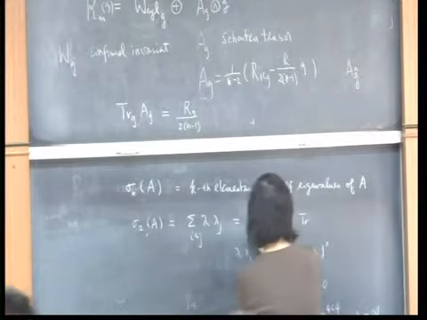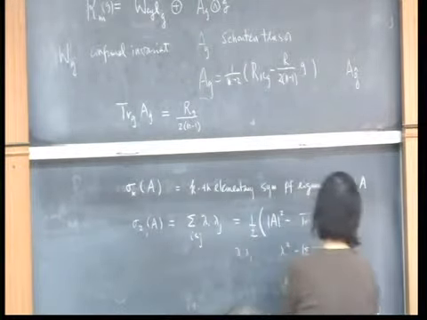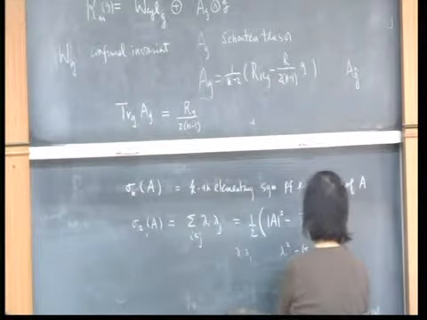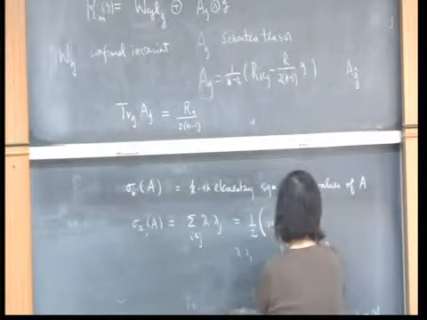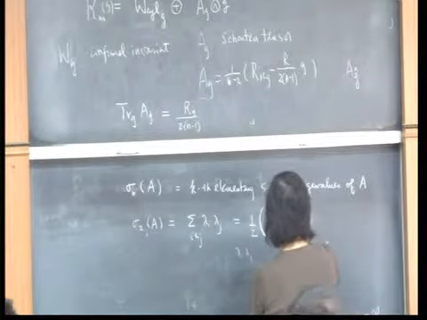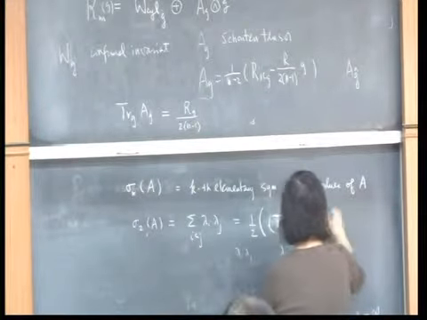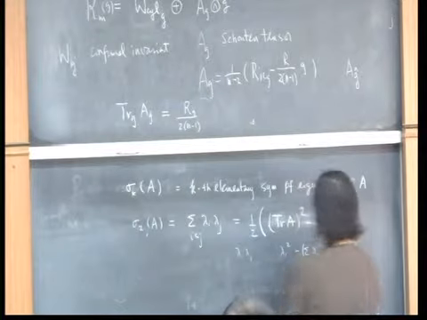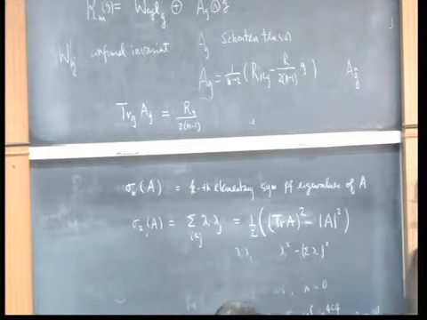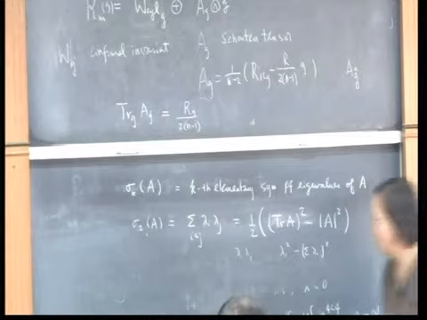So it's the trace of A squared minus the norm of A squared, up to a factor. So sigma 2 of A is equal to this.